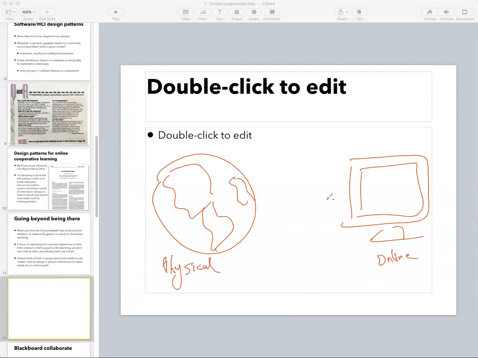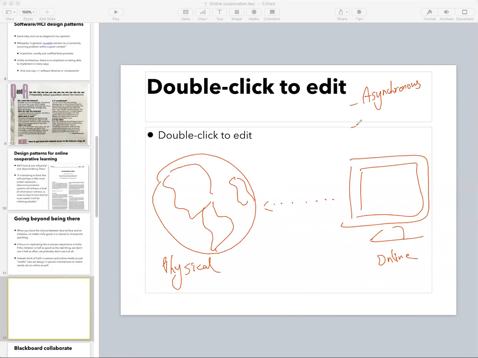The temptation is to make this online world as similar to the physical world. Instead, what Stornetta and Holland suggest is think of all of the properties that you could have online. So for example, you could have the property that this could be asynchronous. You don't have to be present at the same place at the same time.